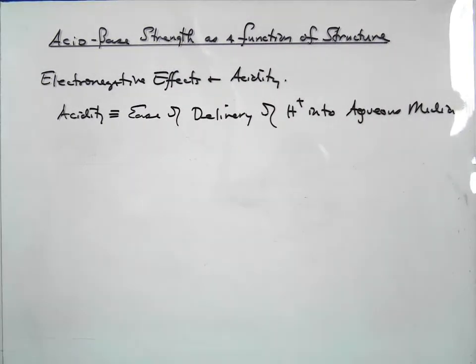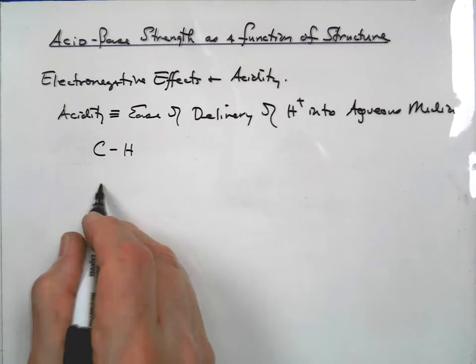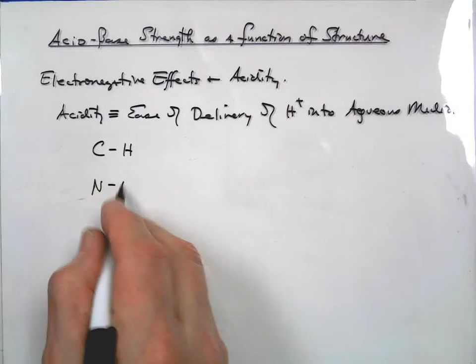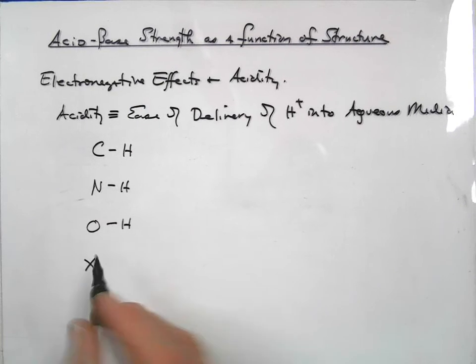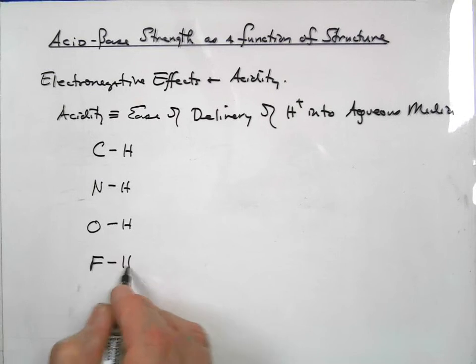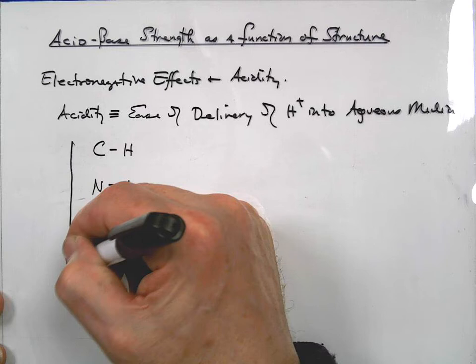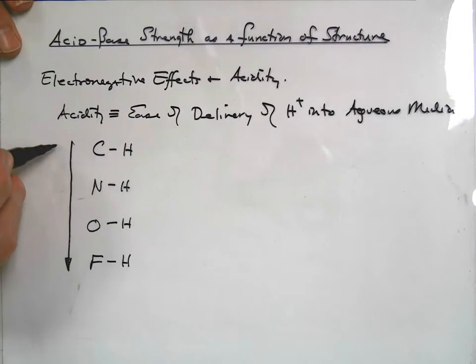So if we look at a series, carbon, hydrogen, nitrogen, hydrogen, oxygen, hydrogen, and say fluoride, we'll just use fluoride as a halogen, hydrogen. We see right away that as you proceed from carbon to fluoride, we have increasing electronegativity.